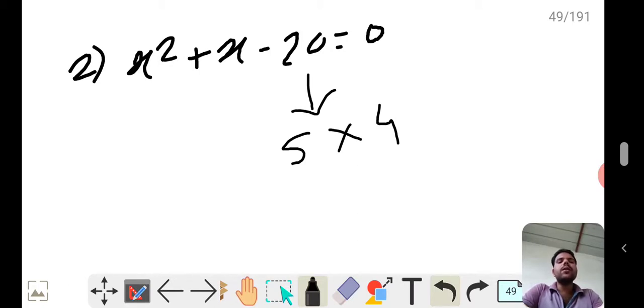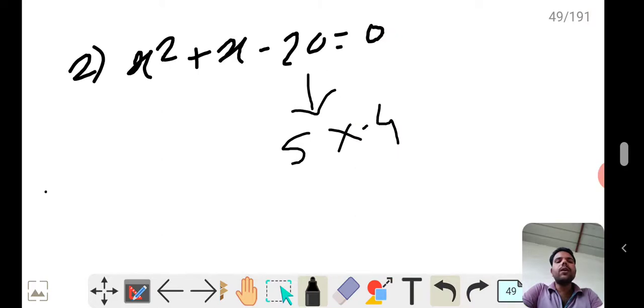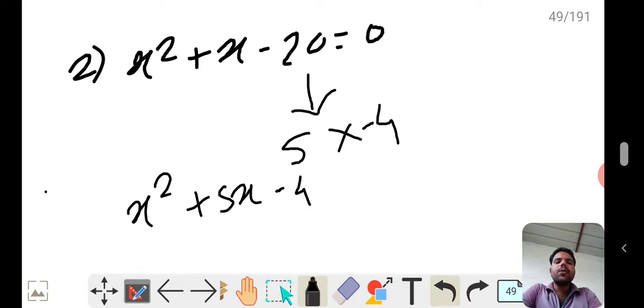But here we want plus 1 as a sum, so we give the negative sign to the smaller term. So we have 5 minus 4 as 1, so that is a positive sign for the sum. So we can reduce the given equation to x square plus 5x minus 4x minus 20 is equal to 0.